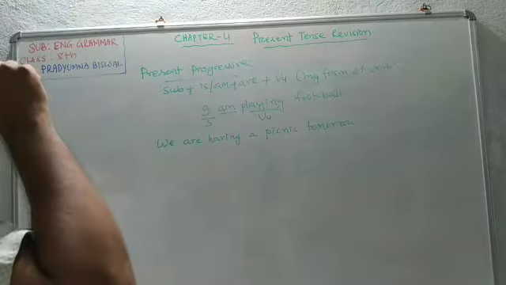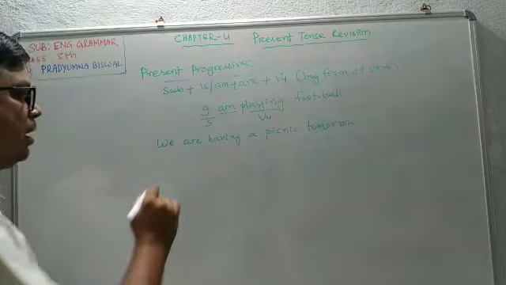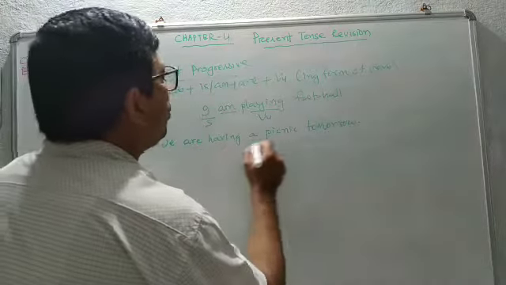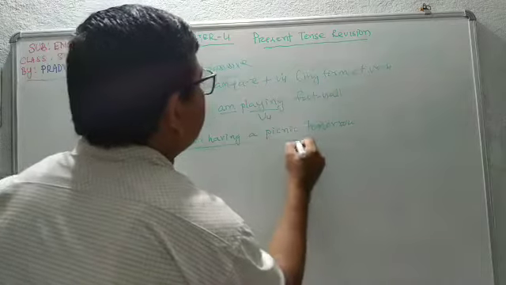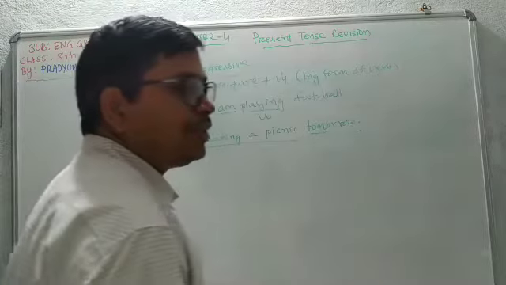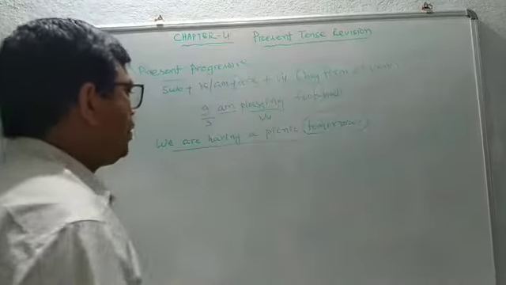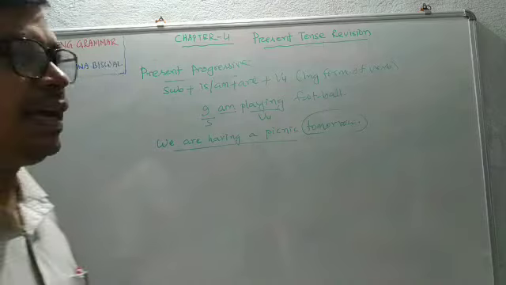The structure is present progressive, we are having a picnic tomorrow. This is present progressive, and tomorrow the time is future, as there is a future time adverb here. Okay, we are having a picnic tomorrow.